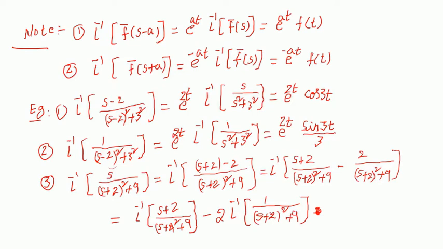So s plus 2 means, how can I write this one, as minus 2 into e power minus 2t L inverse of 1 by, what are the remaining terms, s square plus 9, can be written as 3 square.